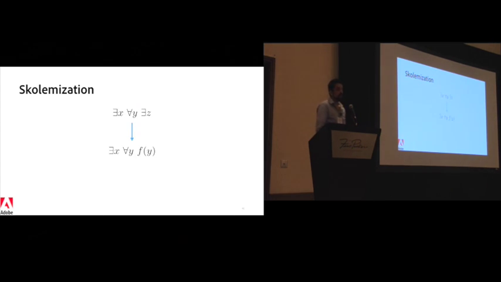The standard approach for this is Skolemization. And if you're familiar with Skolemization, what you do here is that you try to replace that innermost there exists z with a function. And this is based on the observation that if you have something that says for all y there exists z, you can replace that with a function that for each of those y's tells you what that z is.